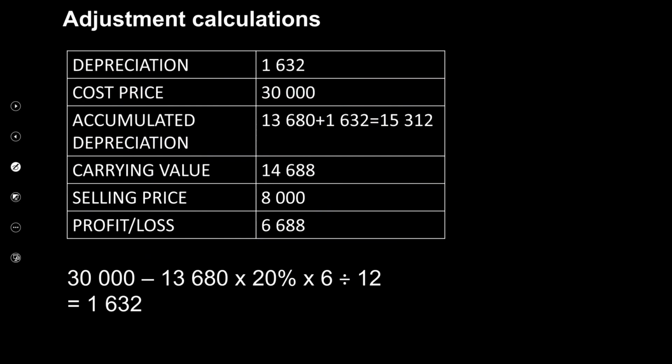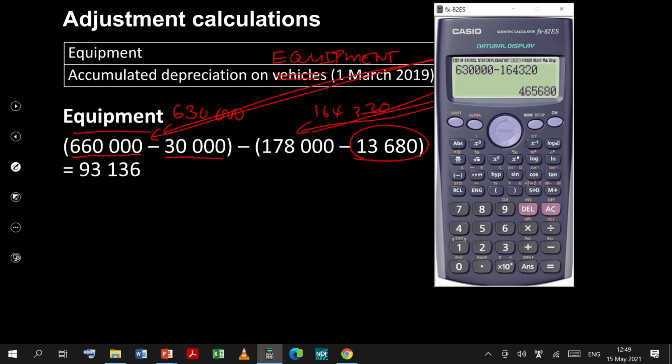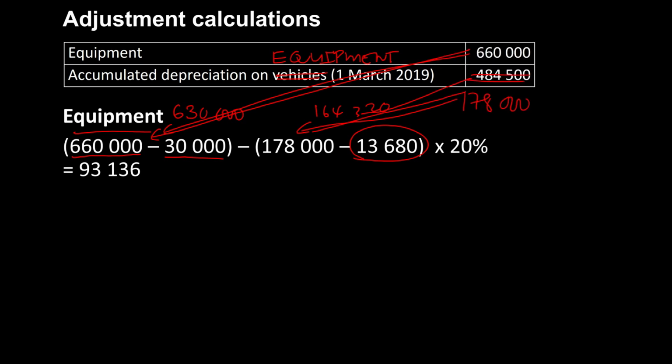Okay, so here we go. Let's do that there in our calculation, times the 20%, and this will give you a figure of 93,136. There we have it, the entry for the depreciation on the old equipment.